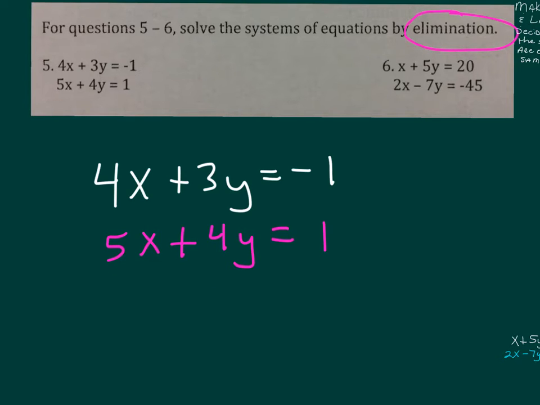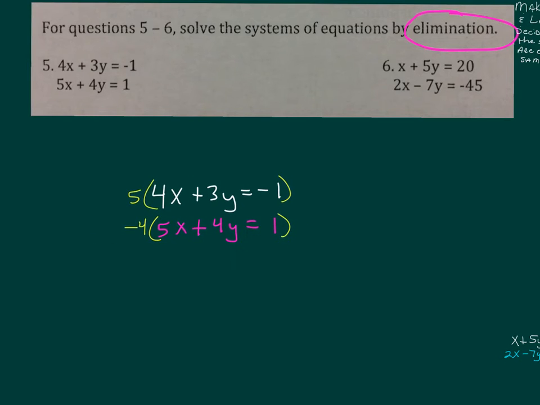One of the things you can decide is that I know that I want to eliminate the x's. So this is what I'm going to do. I know both 4 and 5 both go into 20. So what you can do is I can simply do this. I can multiply this by 5, and I'm going to multiply this by negative 4. Now, I want you to notice what happens when you do that.